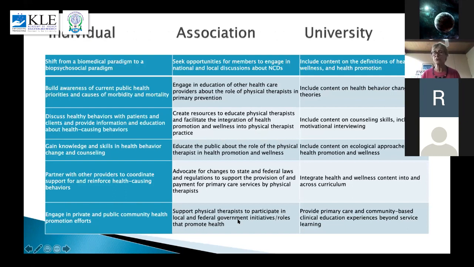There are many different physio associations and groups looking at communities and working in communities. And then there are what universities should be including in their education programs for the undergraduates, for the graduate entry level or master's level or whatever level we're having of university graduates.